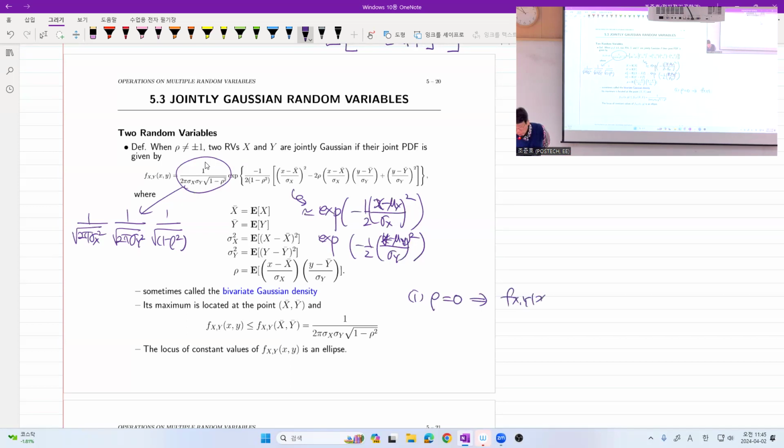The joint density of two Gaussian random variables becomes the product of marginal densities for all x, y pairs. What does that mean? Independent. So in Gaussian case, uncorrelatedness implies independence for the two random variables case.